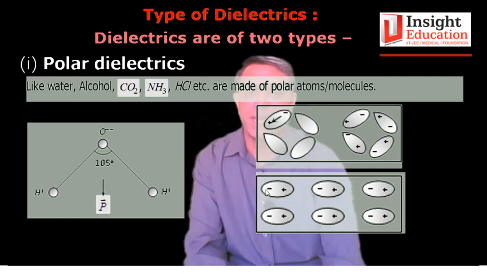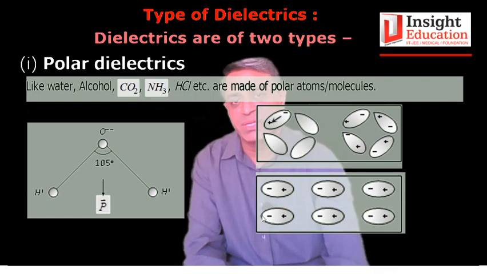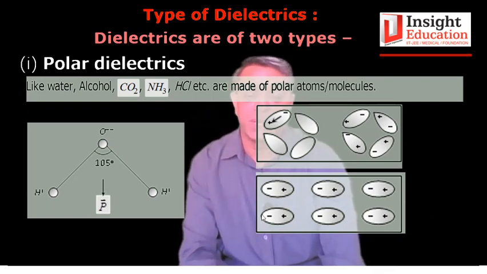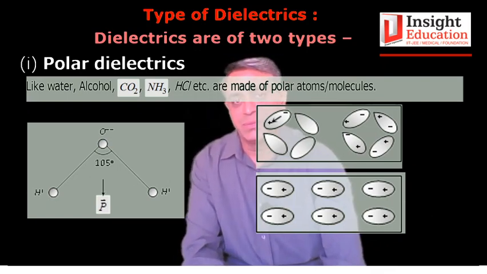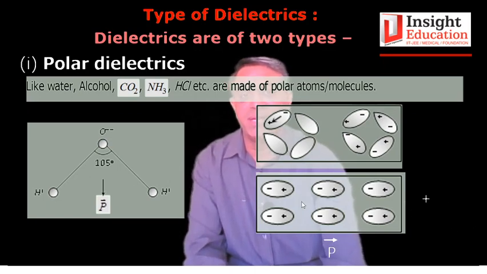So this negative charge and this positive charge, that is called induced surface charges. So you can see here negative charge, positive charge, and there is a net dipole moment P from negative to positive. So this is the effect of polarization.